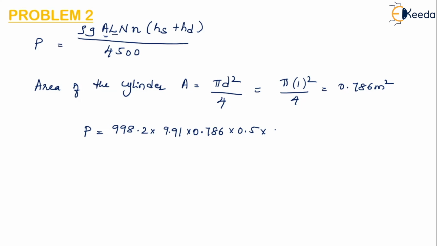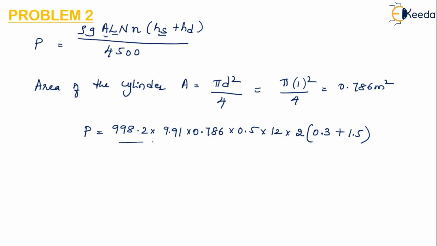Then capital N is 17 divided by 60, into small n, which is 2, into 0.3, that is the value of HS, plus 1.5.